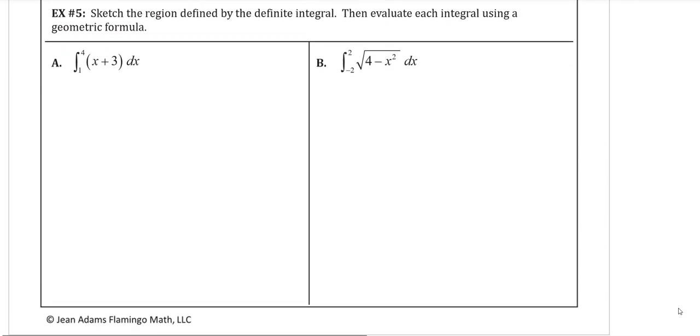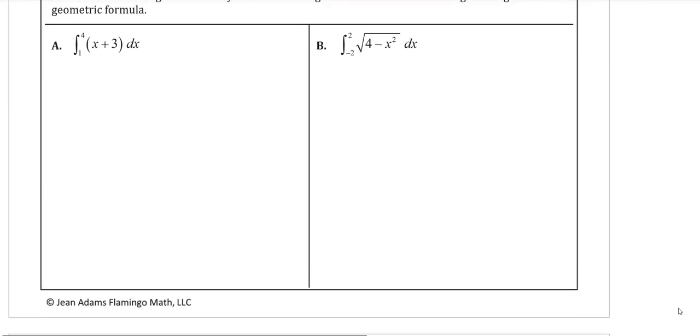Okay, so for the last example, we are to sketch these and then to evaluate the area by using a geometric formula. Okay, so if we sketch the first one, we have a line, and we're just in the first quadrant.